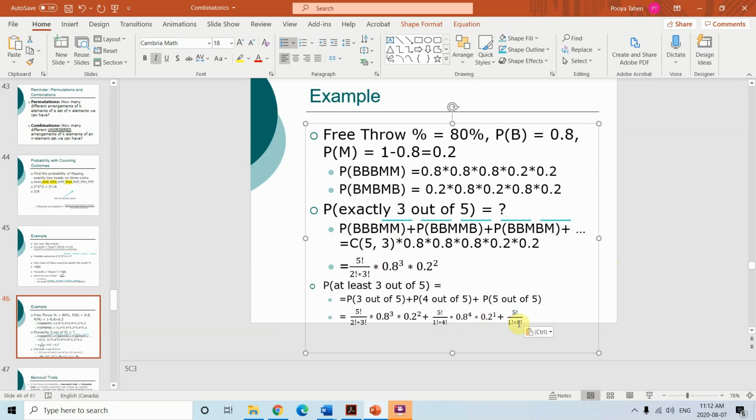So it's going to be 5 factorial divided by 5 factorial times 0 factorial, which is exactly 1, times, let me copy and paste this here, 0.8 raised to power 5 times 0.2 raised to power 0. We can ignore this one, but to be complete, I wanted to show you this.